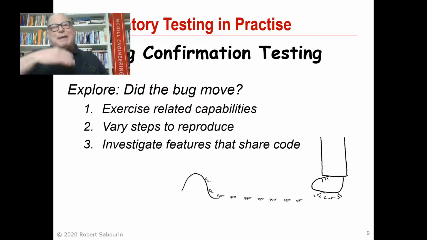You look at related capabilities related by the code changes, and then you sort of vary the steps to reproduce the problem and investigate whether the features with shared code or shared objects still behave correctly. So we're basically looking at related capabilities, features that share common code, stuff like that. So we're exploring to see if the bug shifted or moved.